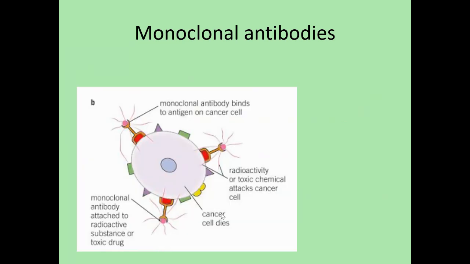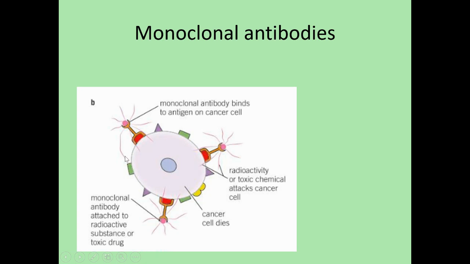So, how does that work? A monoclonal antibody is basically a special type of antibody that has been cloned and will stick specifically only to one antigen. Antigens are really proteins that appear on the outside of cells. Now this says a cancer cell, but this could be a disease cell in a plant, and it's got all of these antigens on the outside.